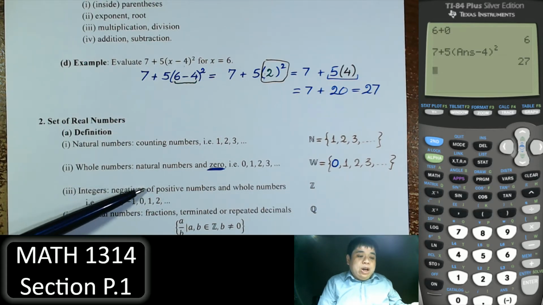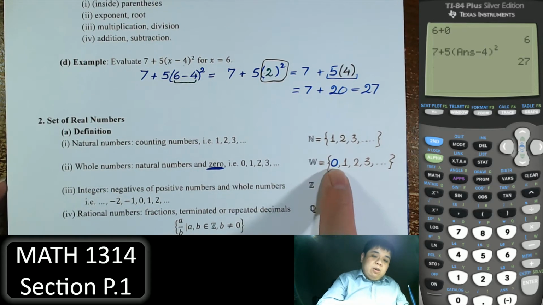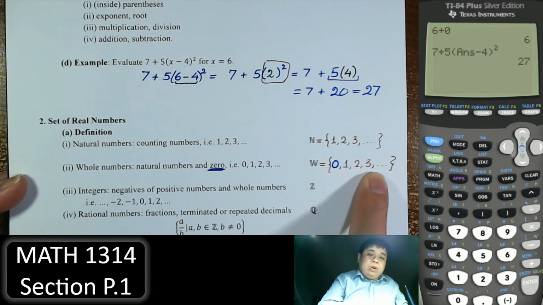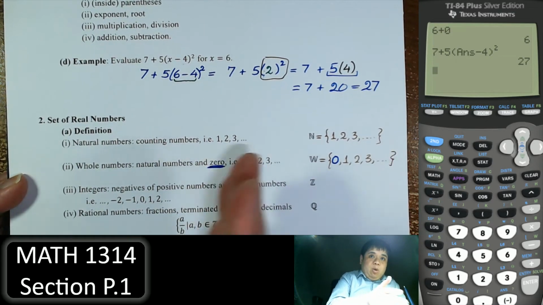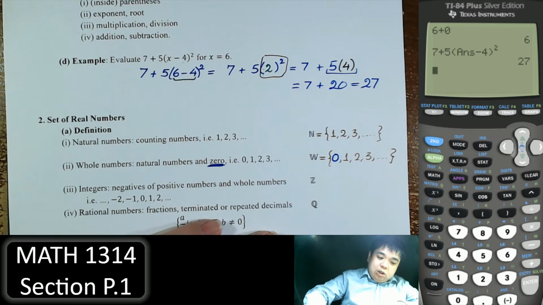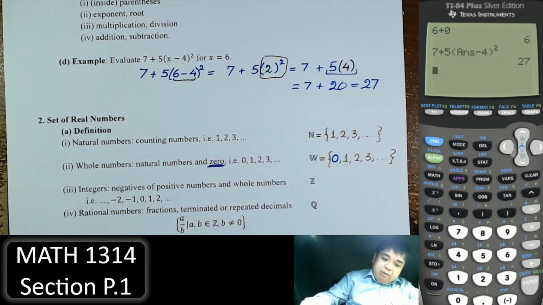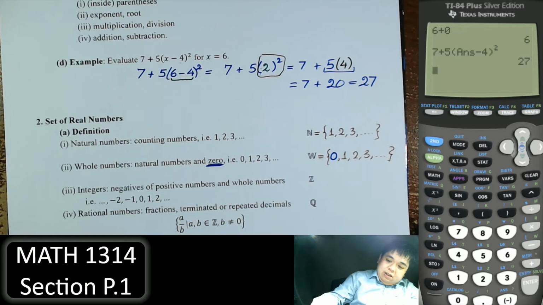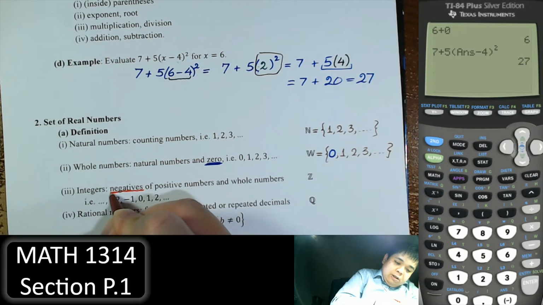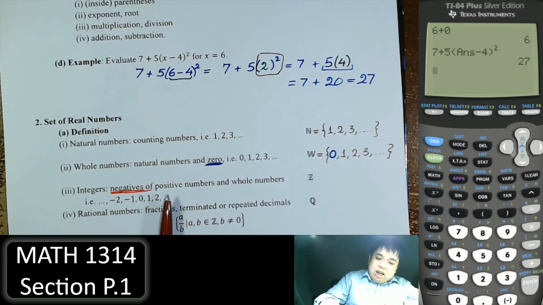when we have all the negatives added, we have 0, 1, 2, 3, and then all the negatives: negative 1, negative 2, negative 3. So here we have all the negatives, and we just have what we had before.